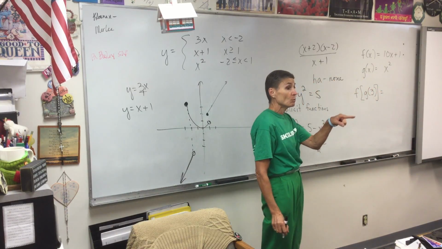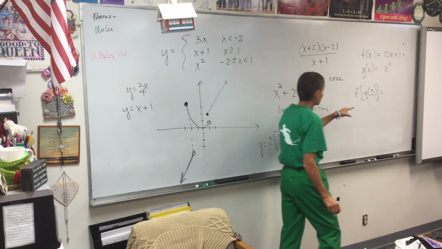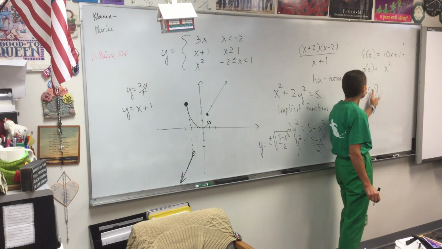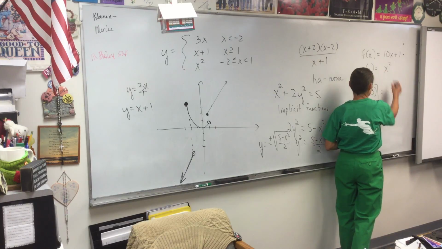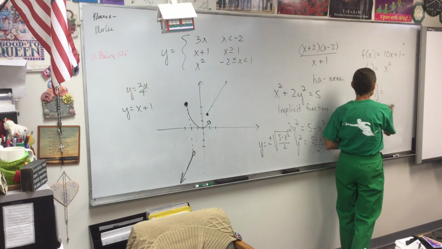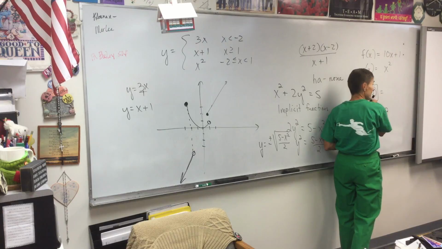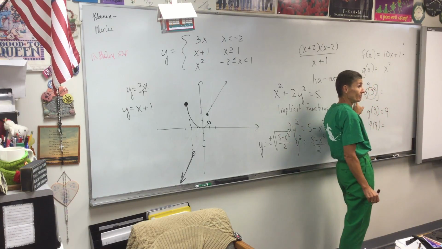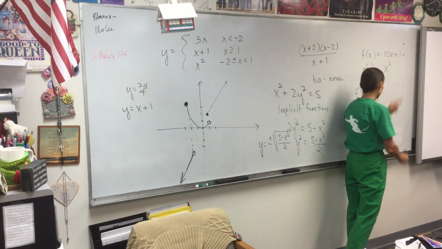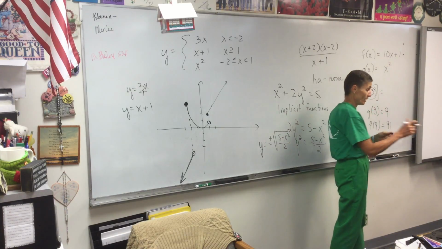So the first thing we do is find g of 3. Well, g of 3 would be 9. Then we take this 9 and plug it into f. So the answer would be 91.